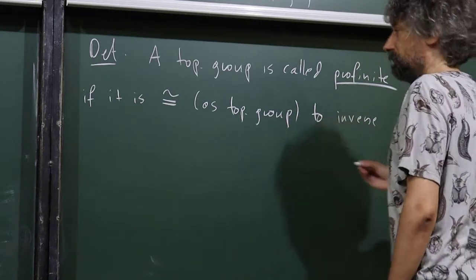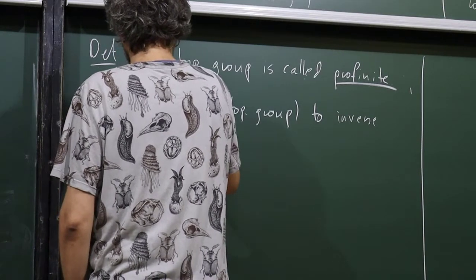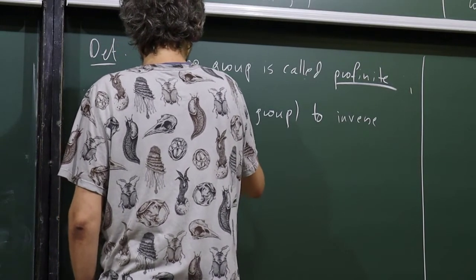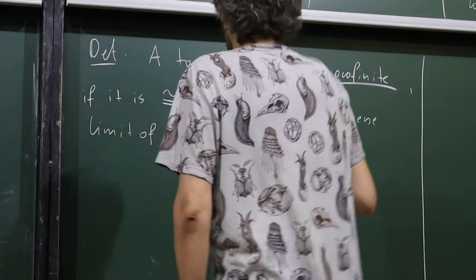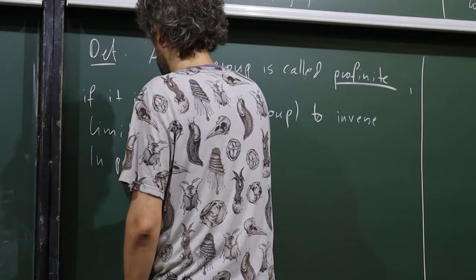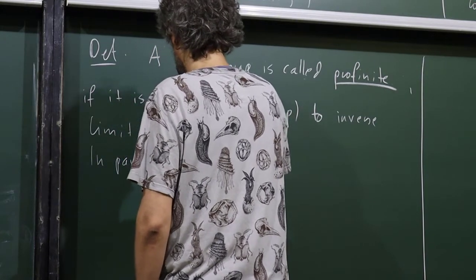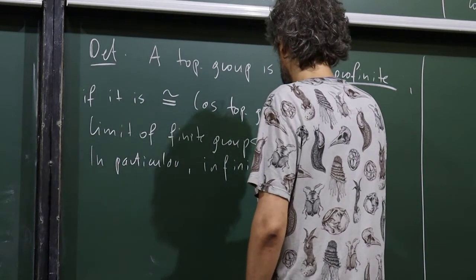So that's the name. In particular, infinite Galois groups are profinite.